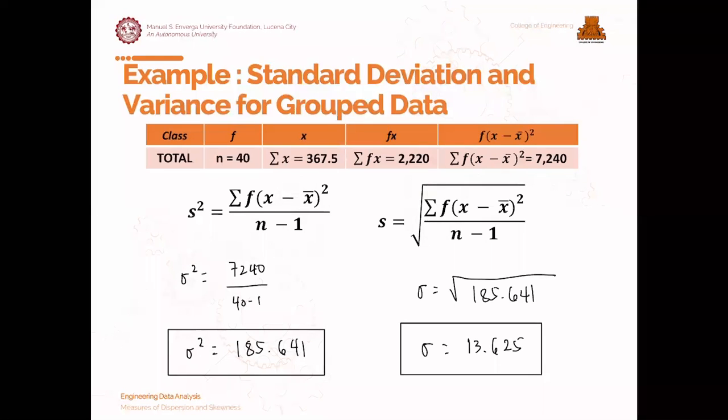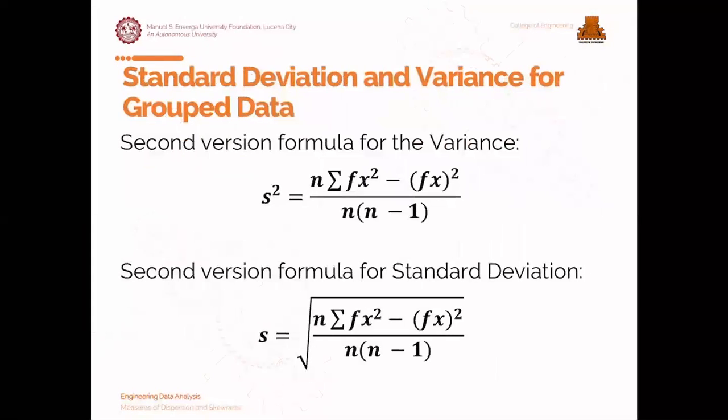Yes po. Okay? So, if we have the first version, meron din tayong second version. No? So, again, same formula siya nung sa ungrouped data. Ang difference is multiply natin ng frequency. Okay? So, may present na frequency dito. No? So, ibig sabihin nito, may summation din to dito. Okay?